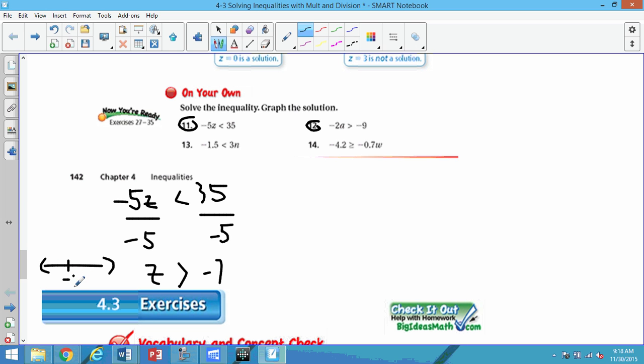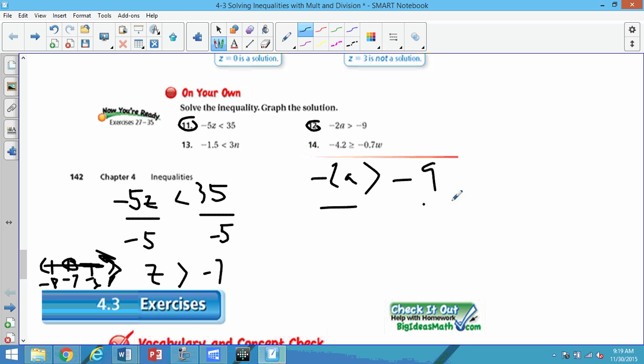If this is a negative 7, 0's over here, so this is going to be a negative 6, which means this is a negative 8. And we put an open circle on negative 7, and we darken it in to the right. Okay. Number 12 is negative 2a is greater than negative 9.